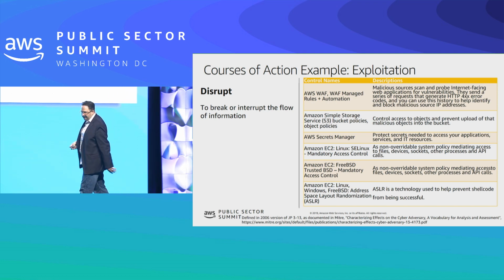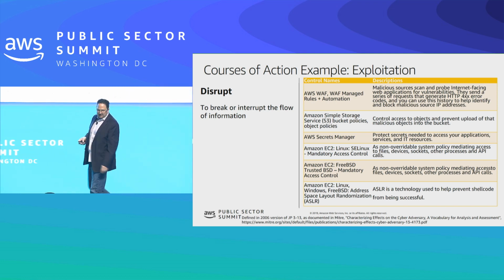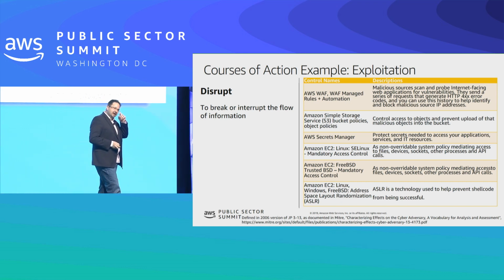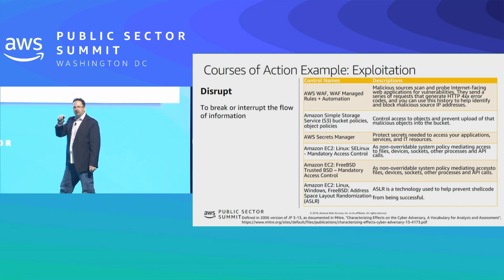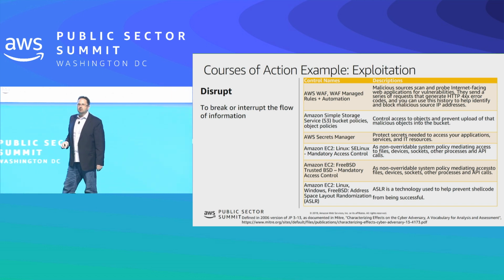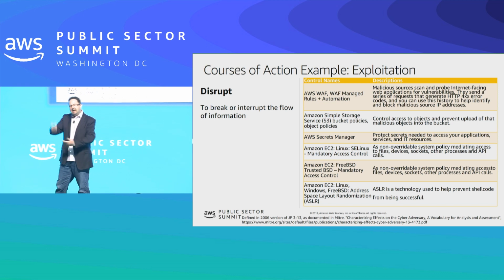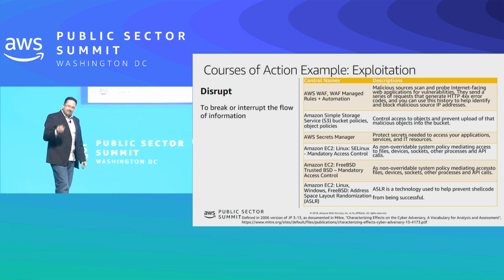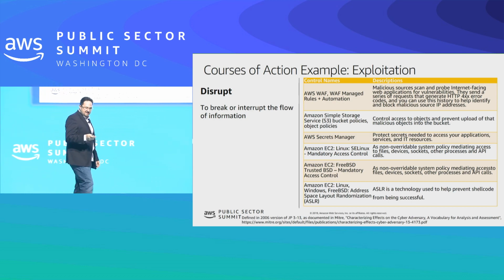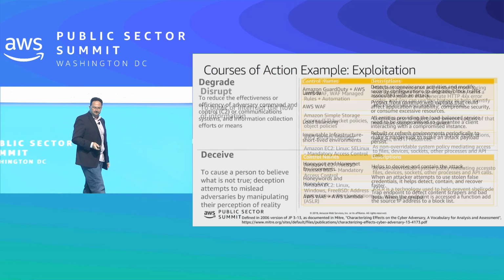For example, down at the bottom of the list, ASLR, Address Space Layout Randomization. This is built into Windows, it's built into Linux. This makes sure that the memory address that they're relying on that vulnerability to be at is different on every single machine, because every time they reboot the machine, the address gets randomized for that service. So it makes it much harder for them to be successful, and it can disrupt attacks as well.